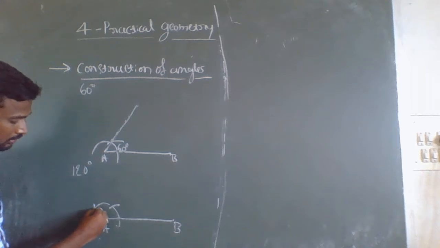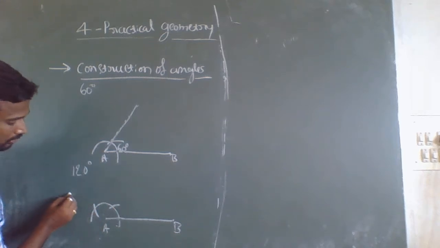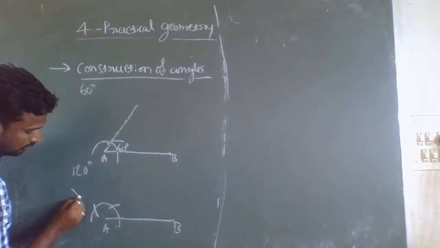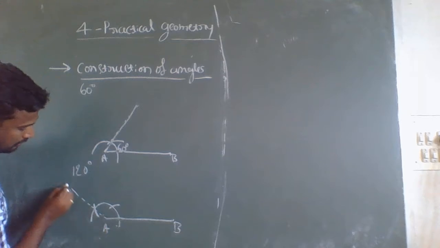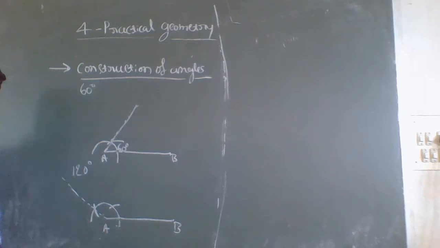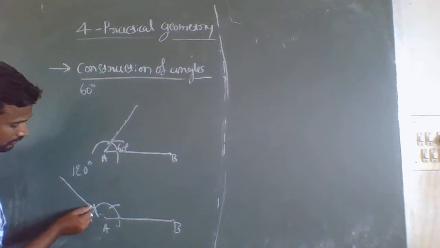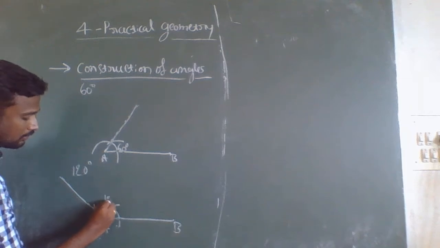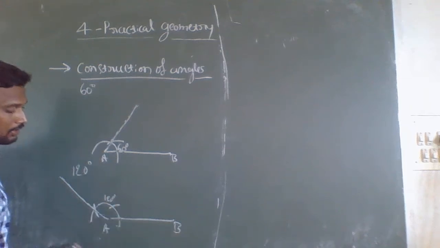Here you will get another intersecting point, and if you draw a line through it, you will get 120 degrees. This whole angle is 120 degrees.